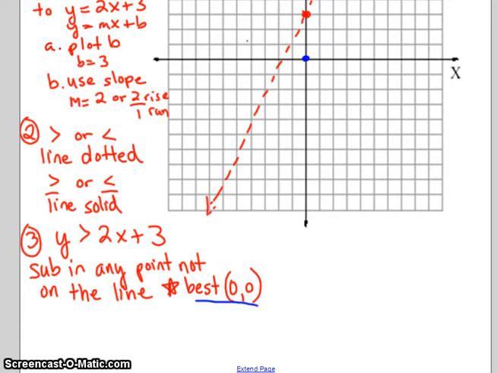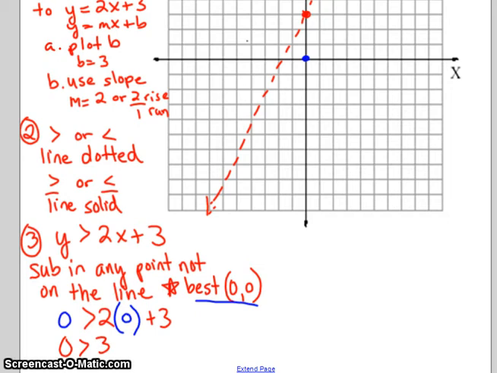What that means is we're going to take 0, 0, the origin, and we're going to plug it in for y and x. So 0 is greater than 2 times 0 plus 3. Okay? And we get 0 is greater than 2 times 0 plus 3 is 3.